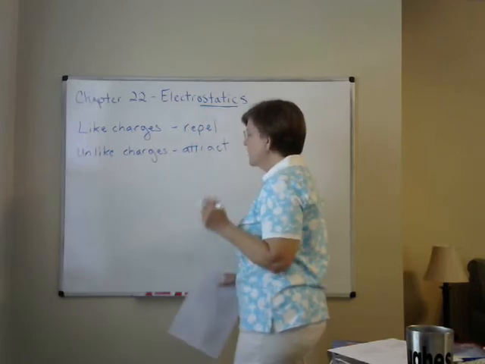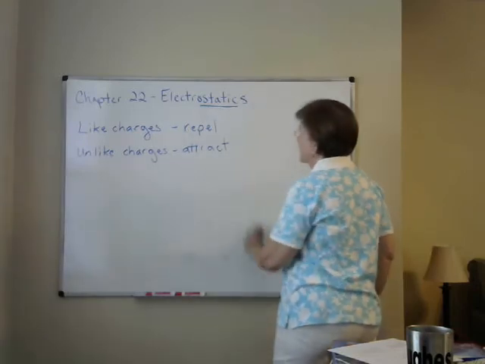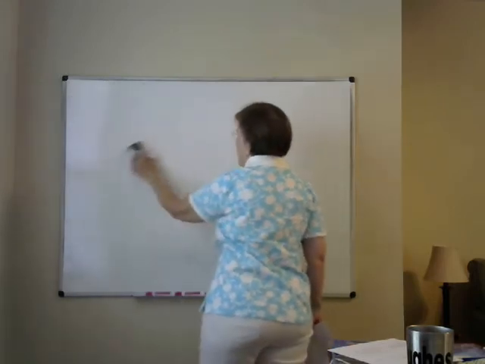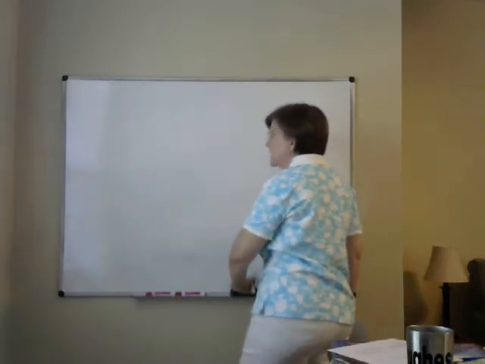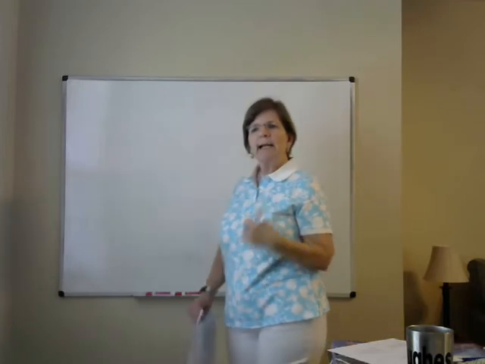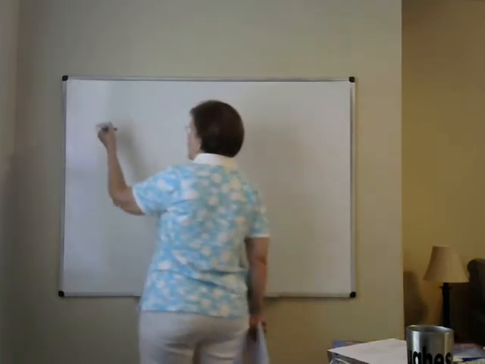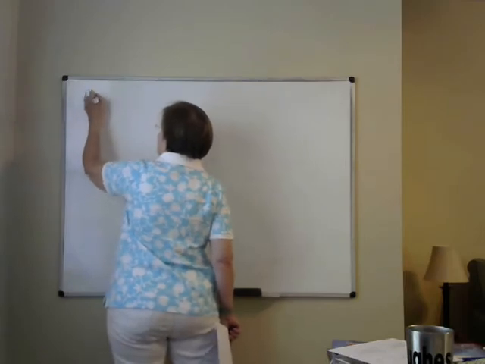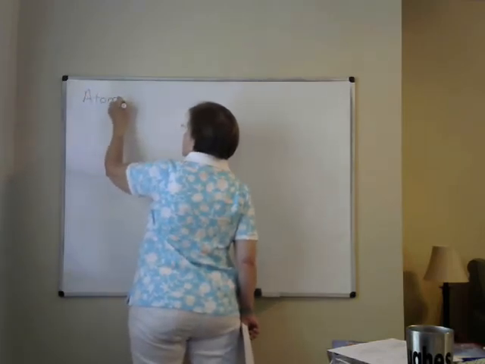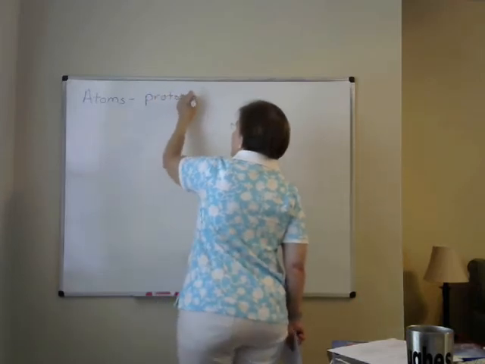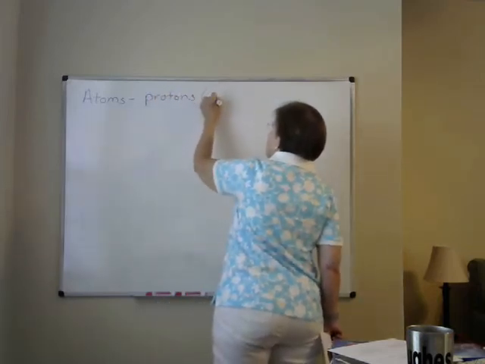Just a quick review of atoms. We did not cover the chapter in this textbook on atoms, but you should have learned enough about atoms in high school to be comfortable with this. We know that atoms are made up of three particles. They have protons, which are positively charged.